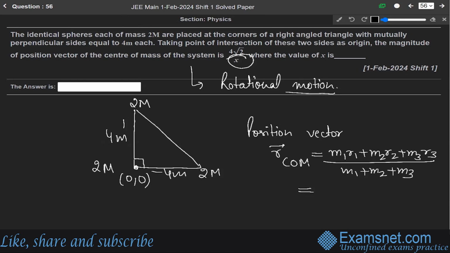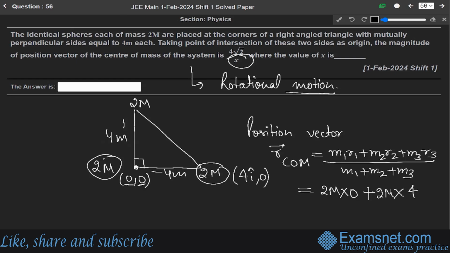So it will be equal to M1 into R1. 2m into its coordinates 0, 0, so 2m into 0, plus M2 into R2. 2m and its coordinates are what? 4i comma 0, means 2m into 4i, plus M3. Its coordinates are 0 comma 4, 4j cap, means it is in y direction. So 2m into 4j cap over 2 plus 2 plus 2 means 6.